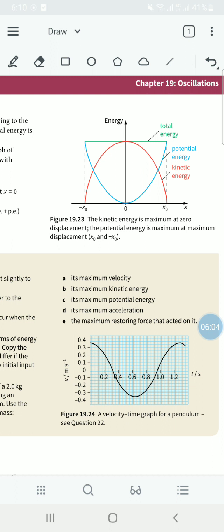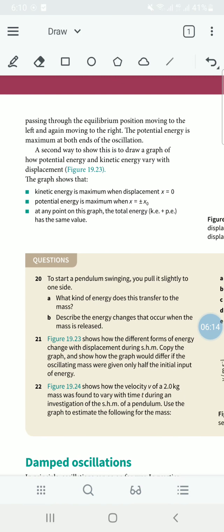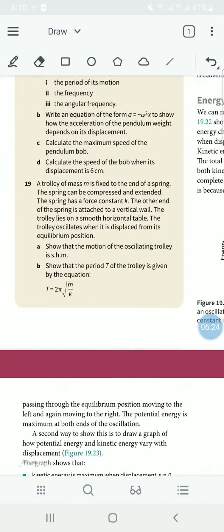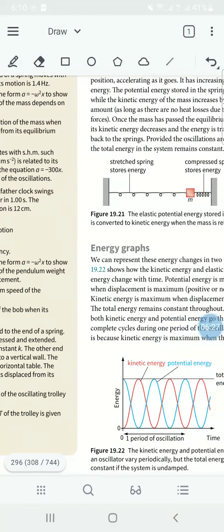Kinetic energy, shown by the red line, is at its highest at the equilibrium position, as you can see. Those are the details you need to understand. I hope you understood. Let's write down a note and then go to the questions, so that you understand this a little further.